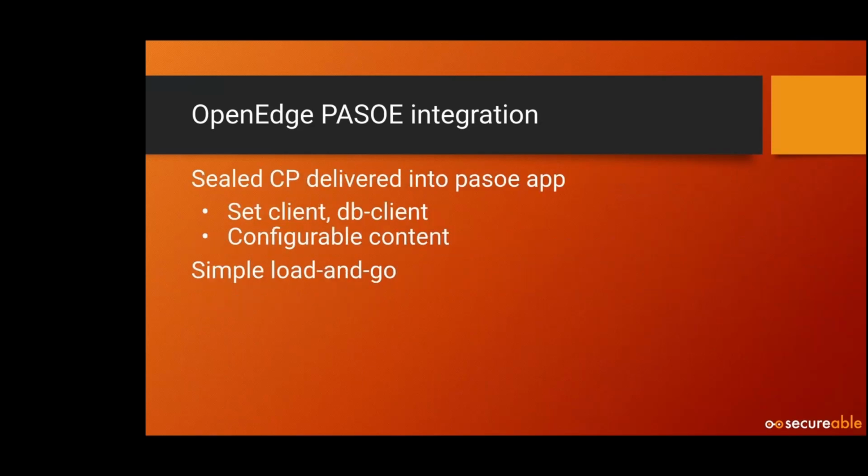And what happens then is that PASOE or Spring delivers a sealed client principal to you with your user information. So your application receives a sealed and signed client principal for you to use to identify the user.